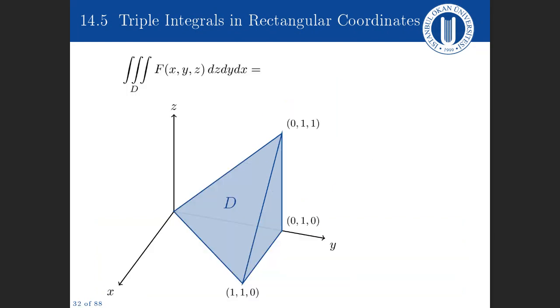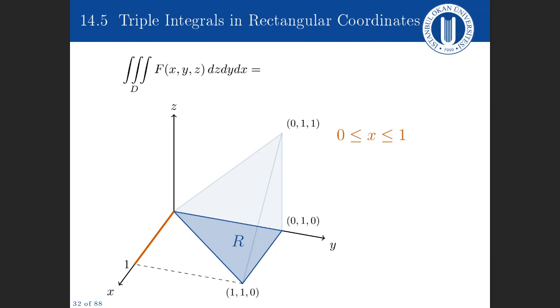So we're going to be doing an integral with dz, dy, dx. And what I want to do is start with the outside integral. I want to start with x. What are the possible values of x in this tetrahedron? x must be between 0 and 1.